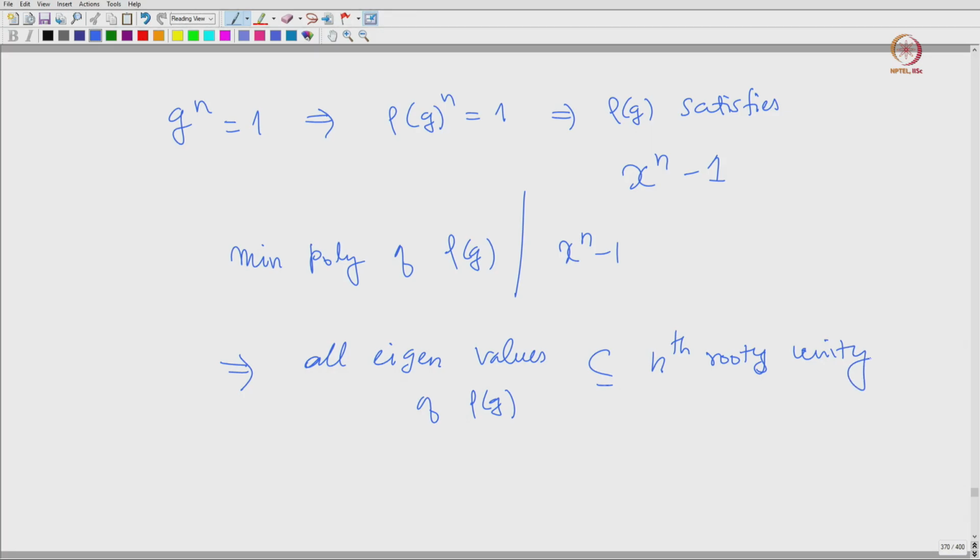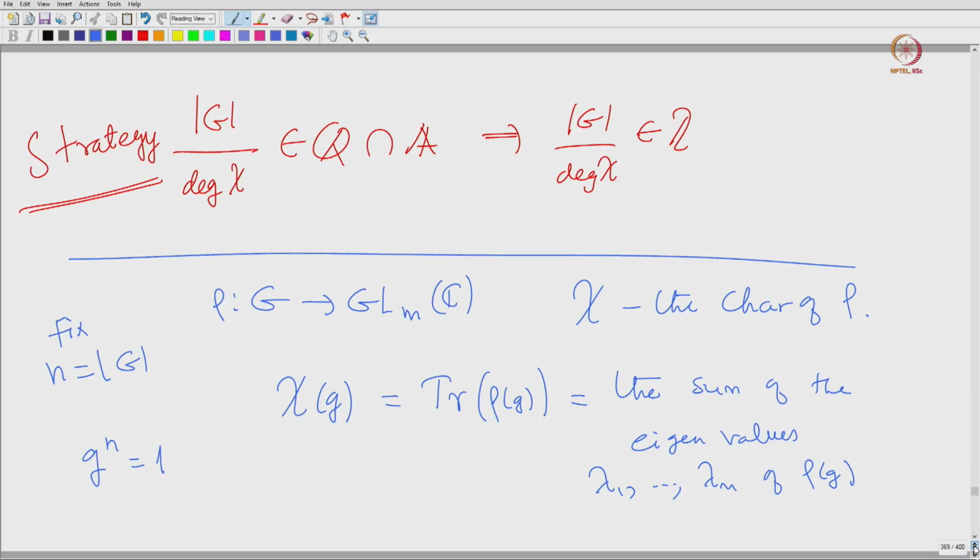Not only that, rho of g must be a diagonalizable operator. So with respect to some basis, the matrix of rho of g is going to look like diagonal with entries lambda 1 through lambda m. So the trace is the sum of the eigenvalues lambda 1 through lambda m of rho of g.